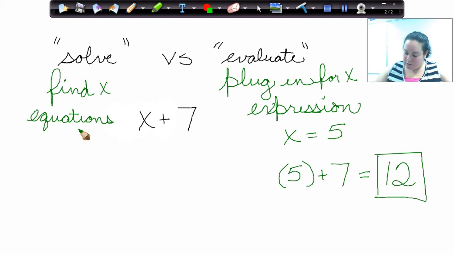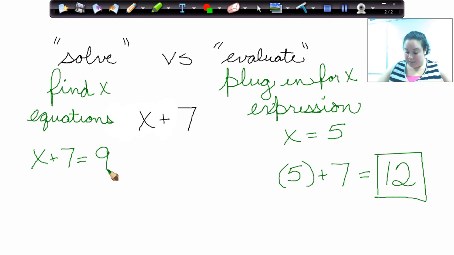But over here on the solve side, we don't plug in things for the variable we're looking for. In this case, it would have to be an equation, something like x plus 7 equals 9, and then you can solve.